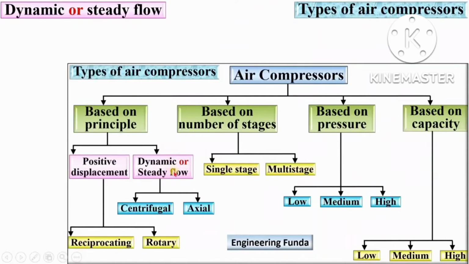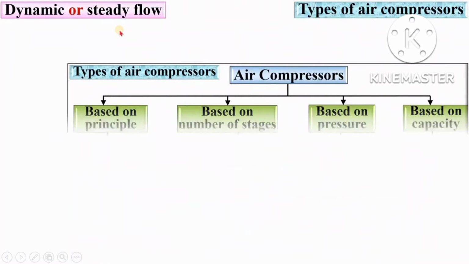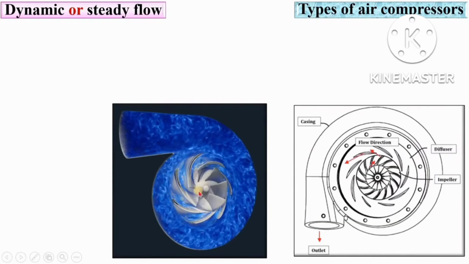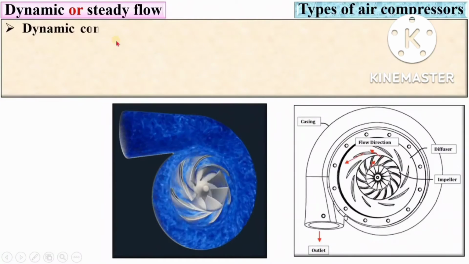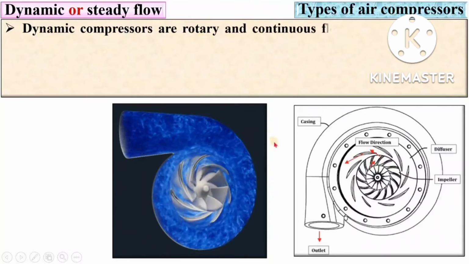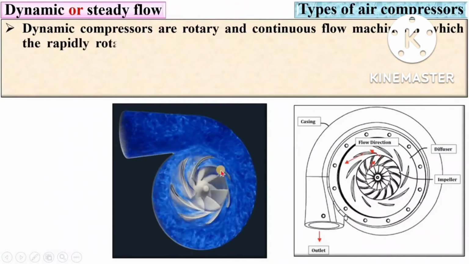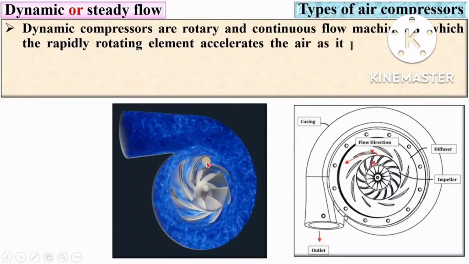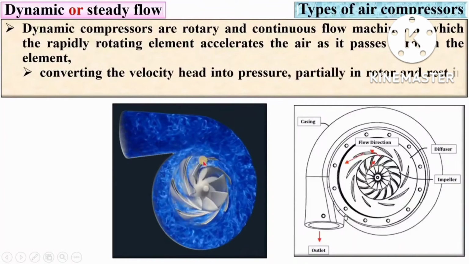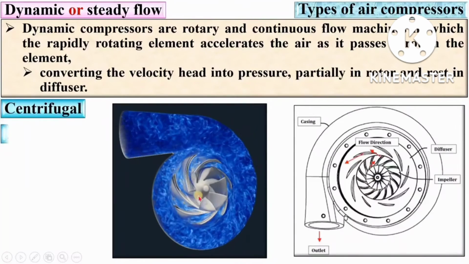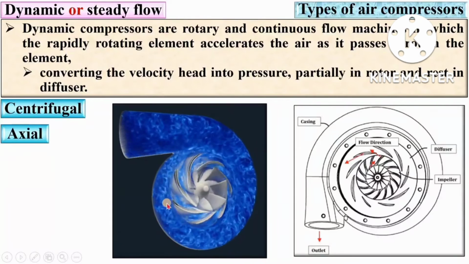Now next, dynamic compressor. It is also known as steady flow compressor. In this figure you can see a dynamic compressor. Dynamic compressors are rotary and continuous flow machines in which the rapidly rotating element accelerates the air as it passes through the element, converting the velocity head into pressure, partially in rotor and rest in diffuser.